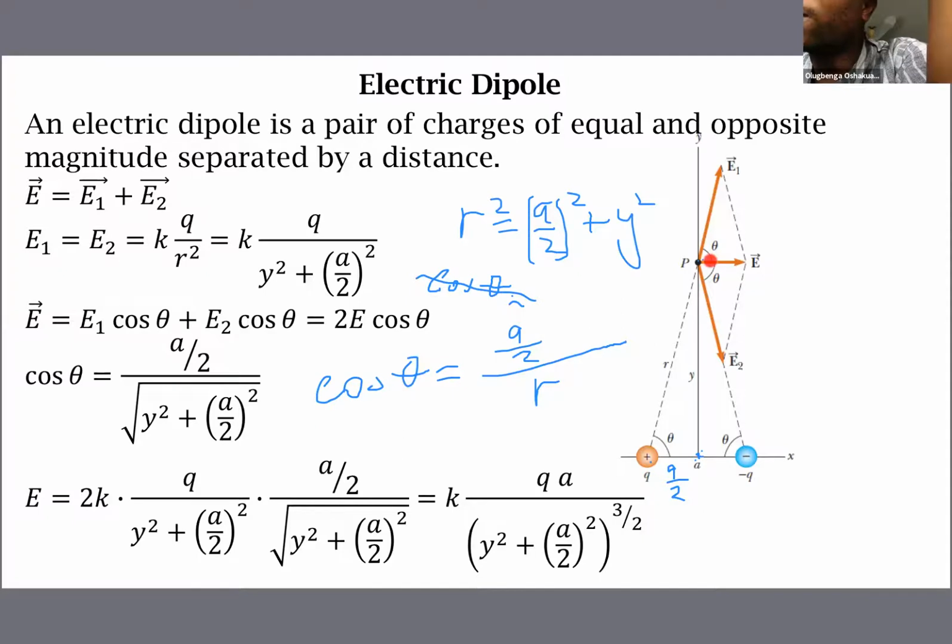So the length of this principal diagonal will serve as the resultant, the vector addition of E1 to E2, which will give us E.